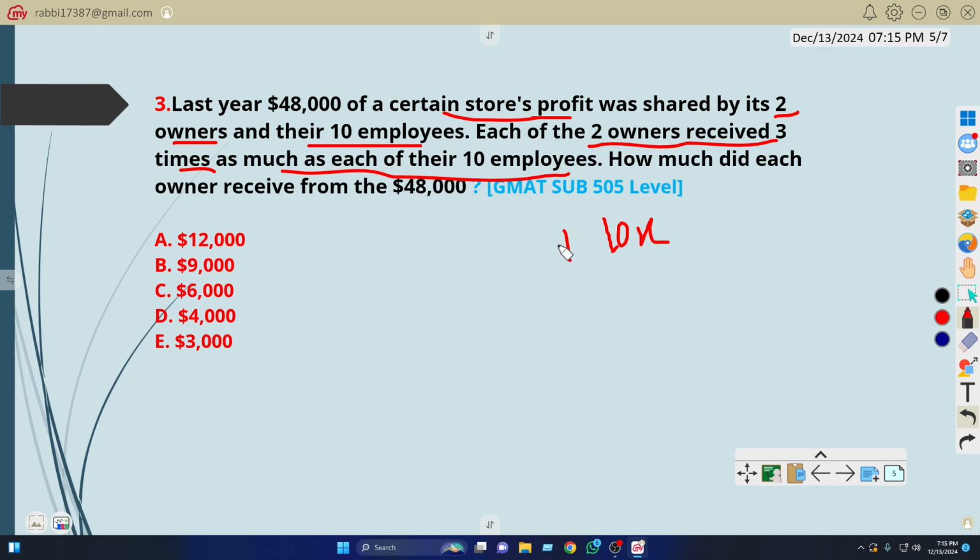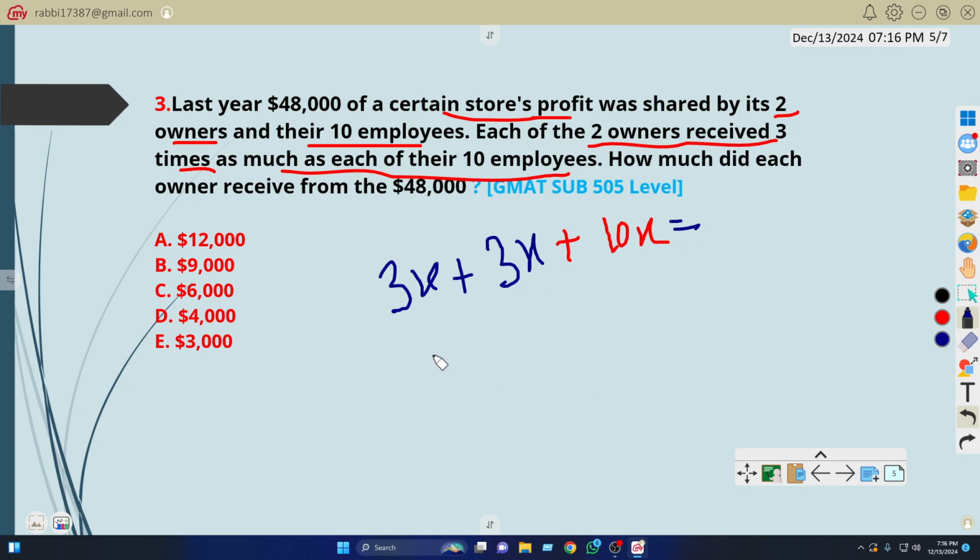But the question says each of the 10 employees takes x, and the owner receives 3 times of each employee. যদি একজন x রিসিভ করে আর বাকি ওইটা 3 টাইমস করে হবে একজন ওনার রিসিভ করছে. Each employee receives x and its 3 times is 3x. Here is the total.